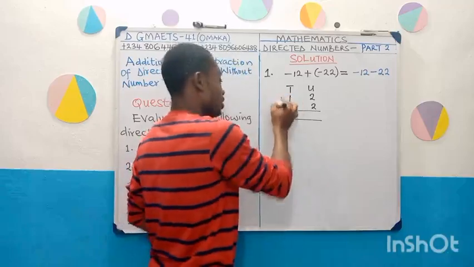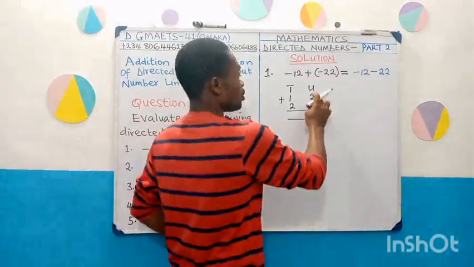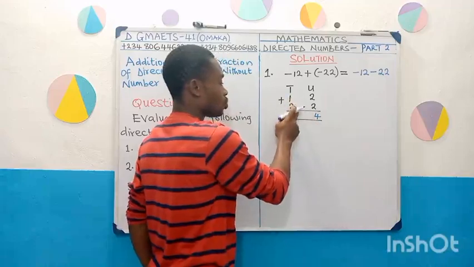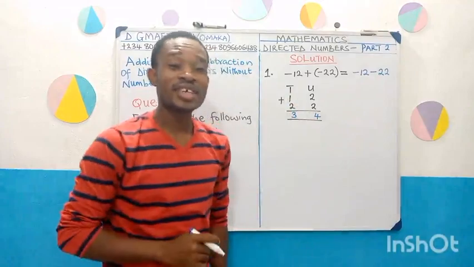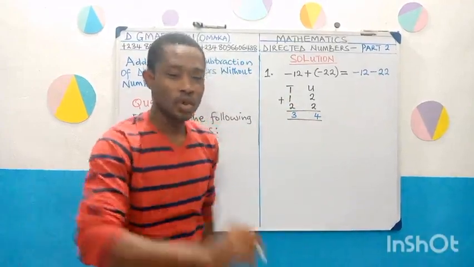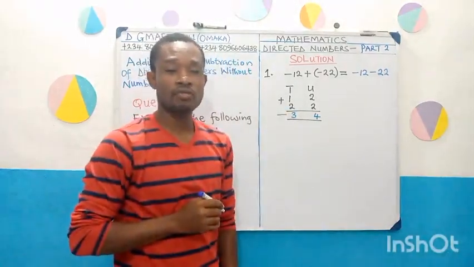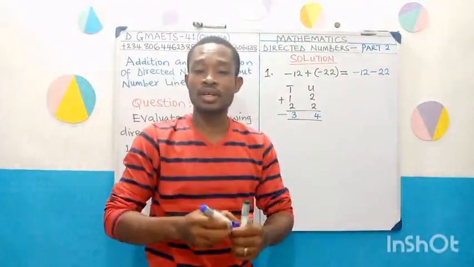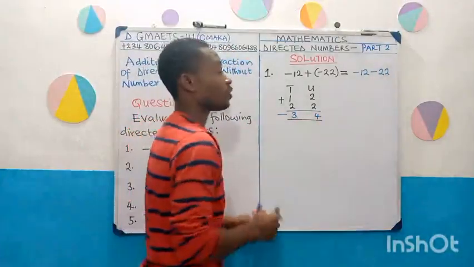If I add this, this is what I will get. 2 plus 2 will give us 4. 1 plus 2 will give us 3. You see this, right? I've gotten 34. That 34 I will put minus. So this is minus 34. That is the answer of this. It means all the things you are owing together is 34. And that is why we got minus 34.